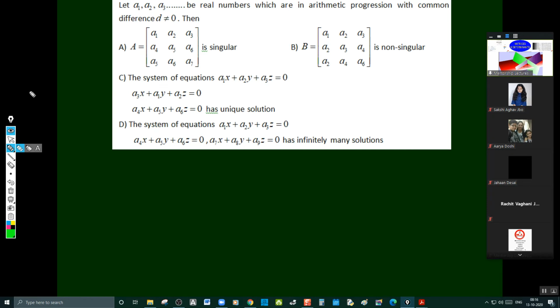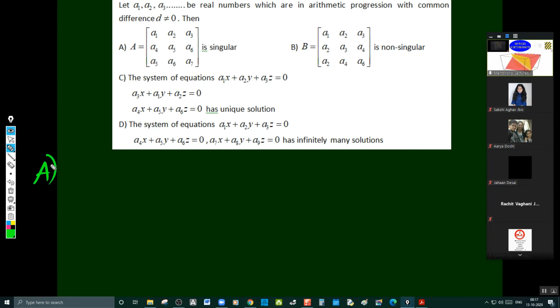It is simple because it is given to be an AP and d not equal to 0. Let us take d as 1, and thereby we can check whether the matrix is singular or non-singular.